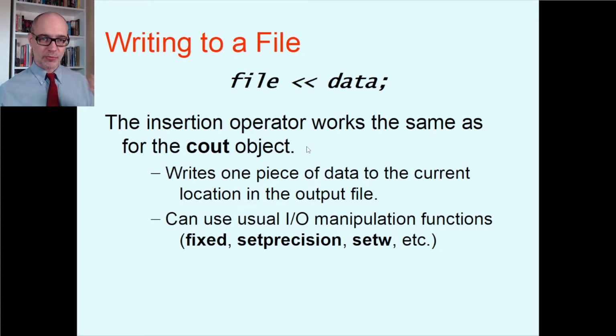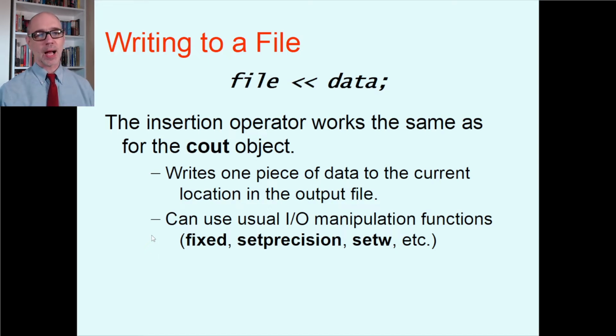So writing to a file works exactly like writing information to cout. There's literally no difference whatsoever. What that does is it writes one piece of data to the current location in the output file. And again, you could be writing a variable or a string or a number or anything that you do with cout. And furthermore, again, we're writing text information to a file.